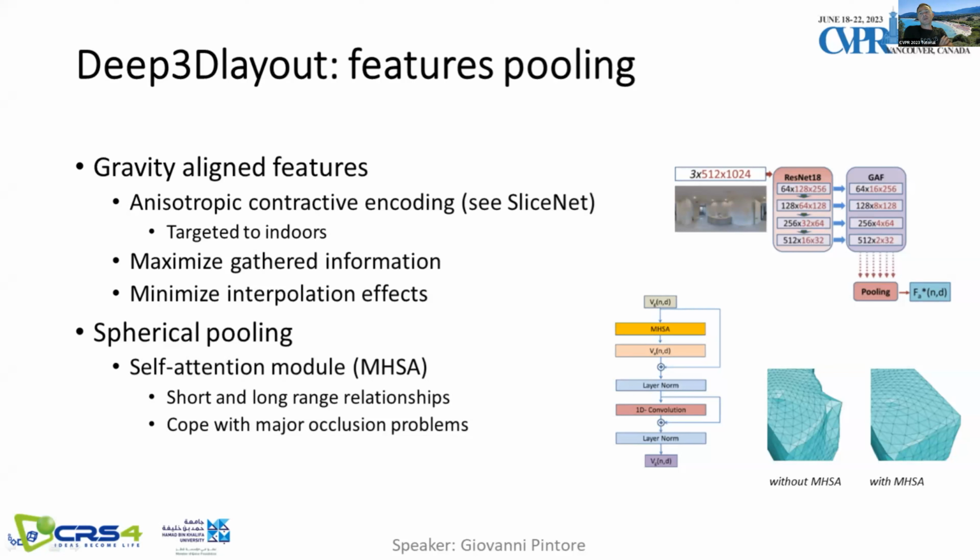Differently from generic 3D object reconstruction, where a static projection is enough for perceptual pooling, in our case we have to cope with major occlusion problems caused by a vast amount of clutter and by the structure itself. To solve this problem, we leverage complementary features in distant portions of the image. So in this way, we exploit the panoramic projection rather than only using local regions like in perspective images.